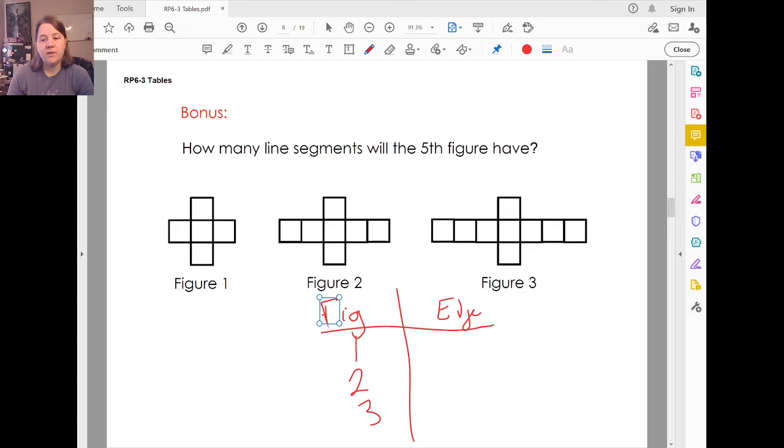Welcome back! Figure 1 has 1, 2, 3, 4, 5, 6, 7, 8, 9, 10, 11, 12 edges on it. Let's figure out figure 2. 1, 2, 3, 4, 5, 6, 7, 8, 9, 10, 11, 12, 13, 14, 15, 16.